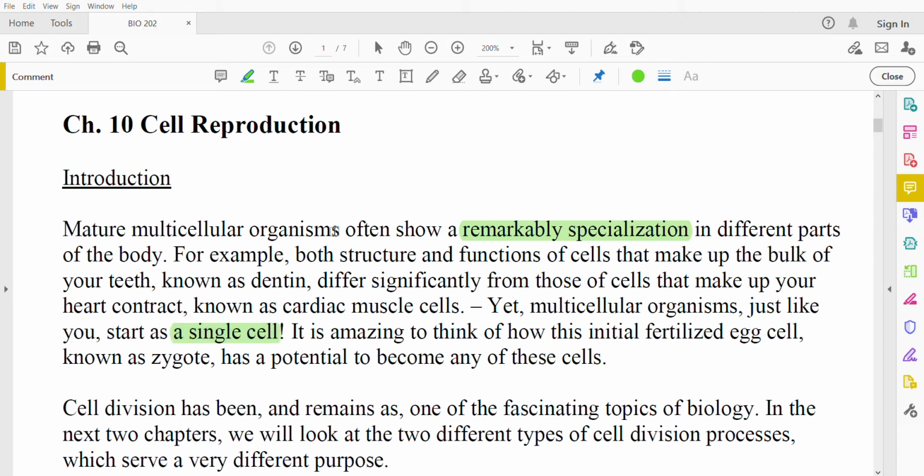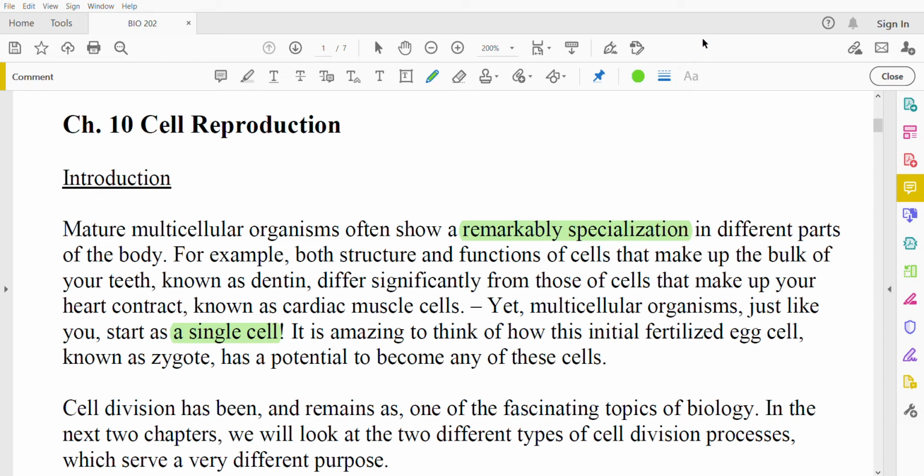This also applies to other mature multicellular organisms, such as the human body, where various different cells within a mature human differ from other cells, but still they all originate from one single cell type.